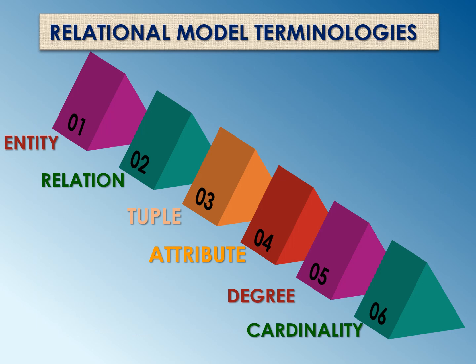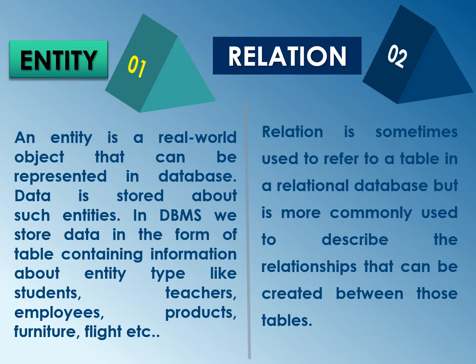Now there are a few important terminologies in RDBMS. We shall know about each one of these one by one: the entity, relation, tuple, attribute, degree, and cardinality. Let's talk about the entity first. An entity, you can say, is a real world object.